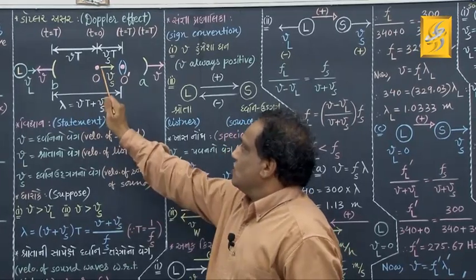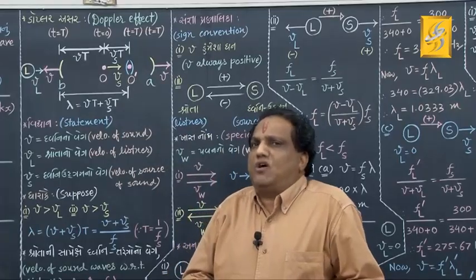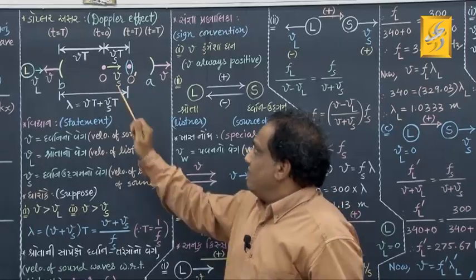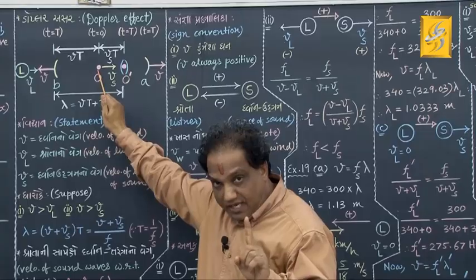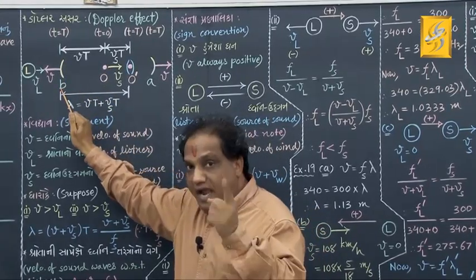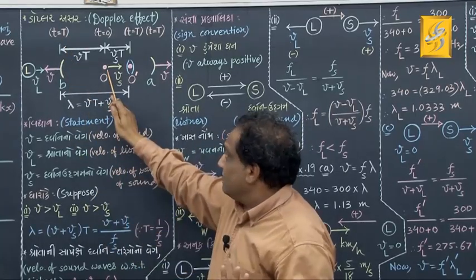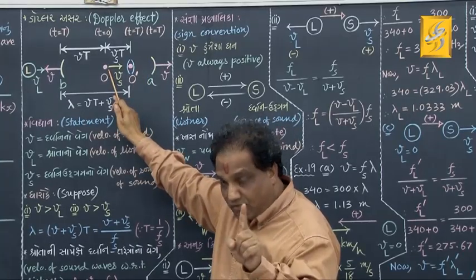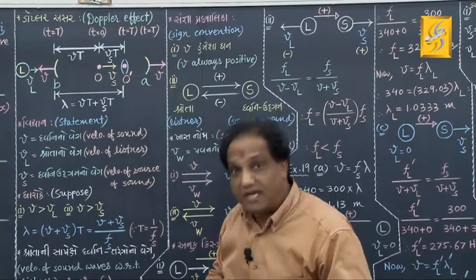Okay, fine. Now tell me, what is the job of this source of sound wave? Job of source of sound wave is to emit sound waves, correct? The very first sound wave generated from the source has come on the left side, say up to position B at the end of capital T time, and the one which is emitted towards right hand side, that first sound wave has come over at position A at the end of capital T time.